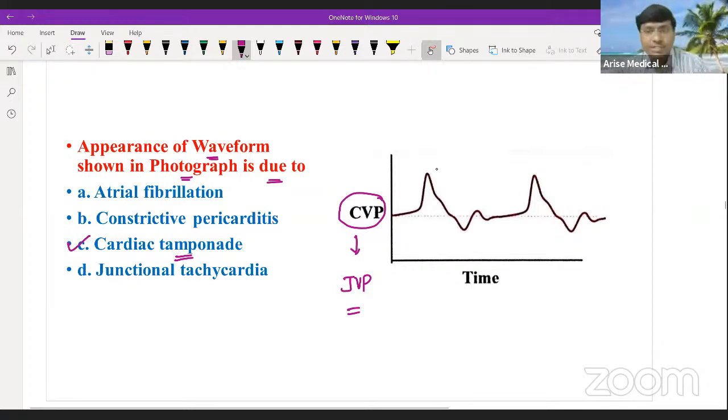You see, this is your A, this is your C, this is your X, this is your V, and what all you should have? A, C, X, V, and Y. So now tell me, do you have a Y wave in this JVP?